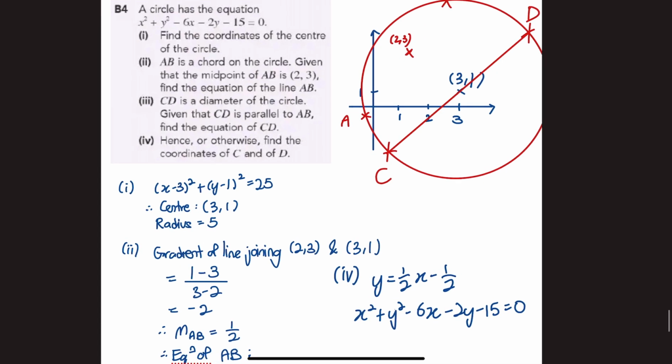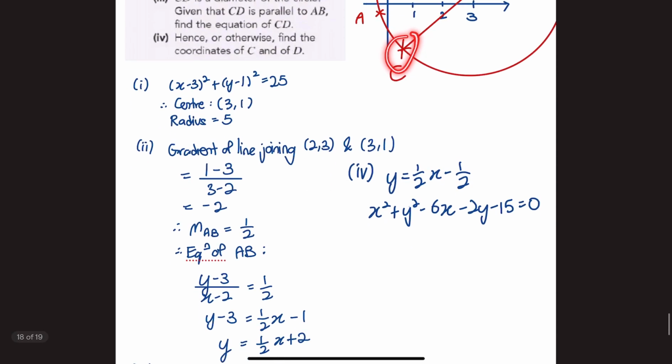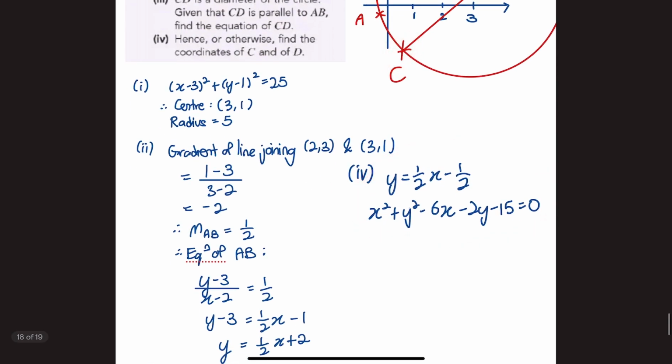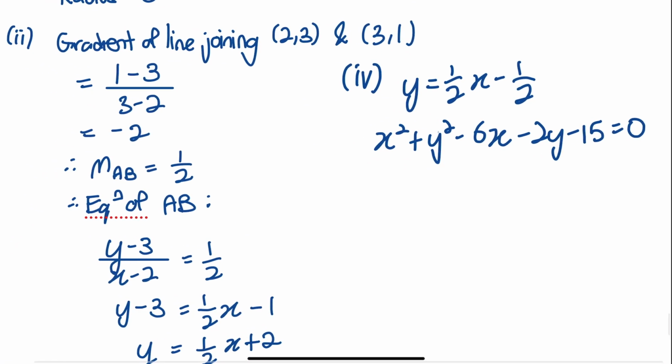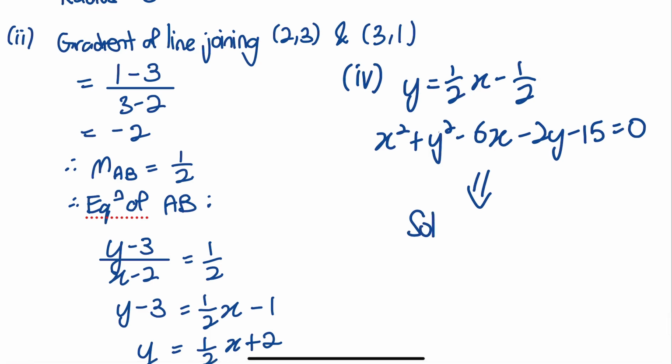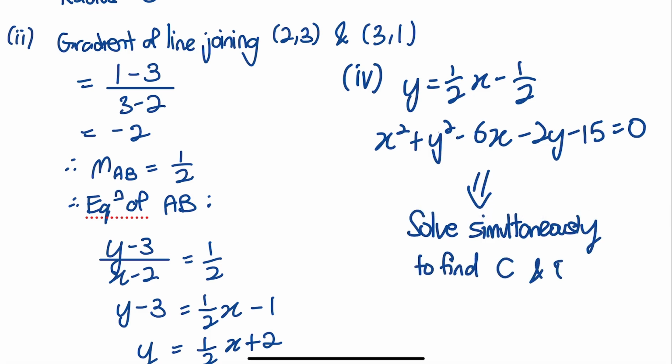So to find the coordinates of C and D, simply solve these two equations simultaneously. I won't work through the solutions for this. Just solve simultaneously to find the coordinates of C and D respectively.